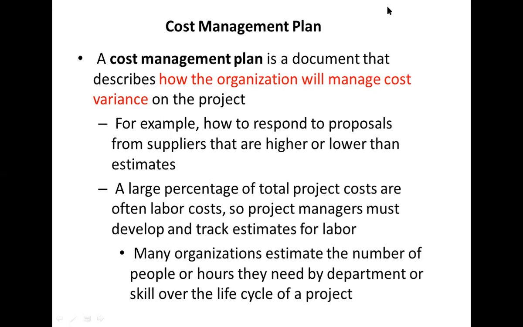What are we going to do if their demand is higher or lower than our estimate? It should be documented properly beforehand. We can't decide at the moment. In project management, we normally do it beforehand. So all the decisions taken should be included in the cost management plan.